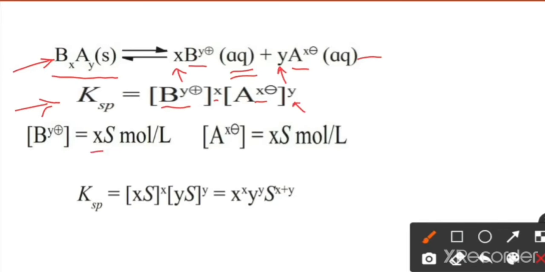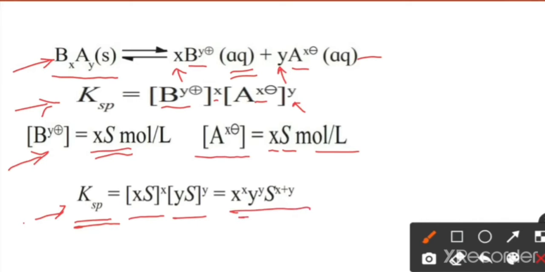If S is the molar solubility of the compound, the equilibrium concentrations are represented as concentration of B y plus ion is equal to xS mole per liter and concentration of A x minus ion is equal to yS mole per liter, and solubility product is equal to concentration of xS raised to x, concentration of yS raised to y, which is equal to x raised to x, y raised to y, and S raised to x plus y.